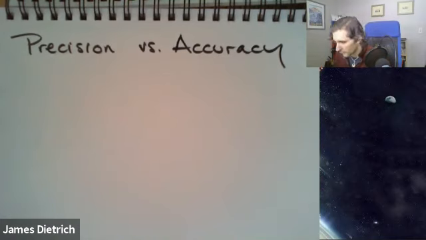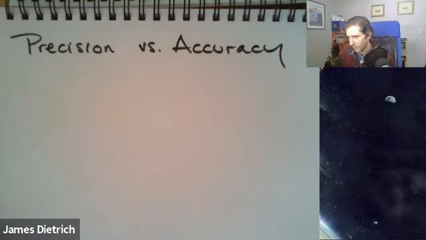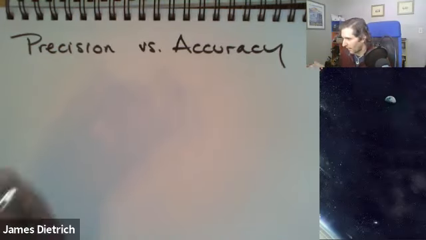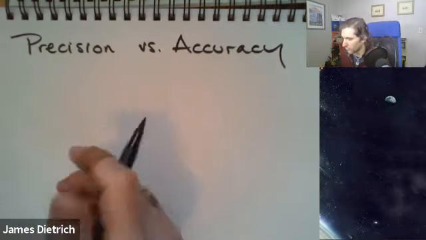Error is the amount that our measurement is off from the true value. And so when we talk about error, generally precision and accuracy come into play because we can talk about precision as being how consistent our measurements are, and accuracy is then the smallness or the largeness of our error value compared to our true value.